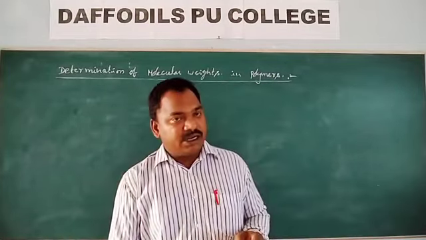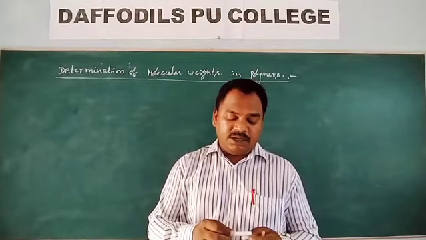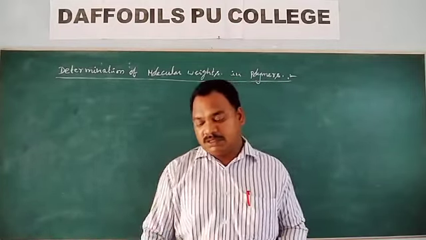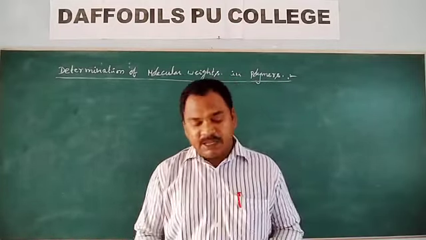I prepare another polymer, and its chain length is this much. Another person prepares the same polymer, and its chain length is this much. So in such cases you can't simply say this is the molecular weight of the polymer. Hence, instead of simple molecular weight, we use the term average molecular weight.